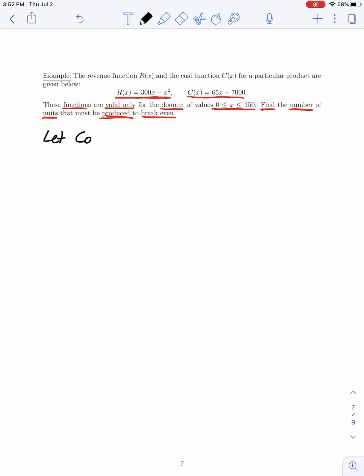So we're going to let our cost function, 65x plus 7,000, equal our revenue, which is 300x minus x squared. And we now want to solve for x.